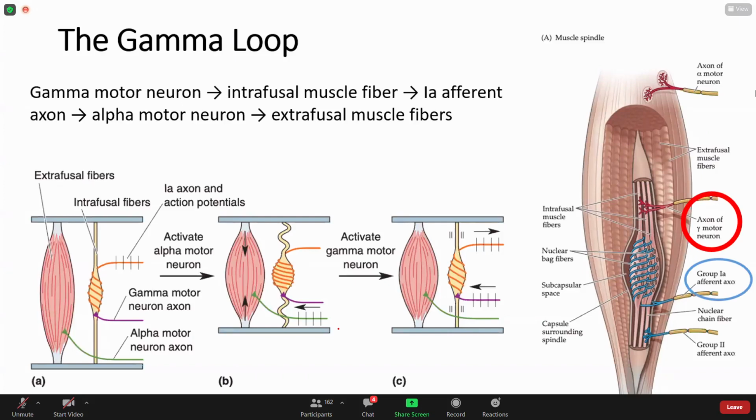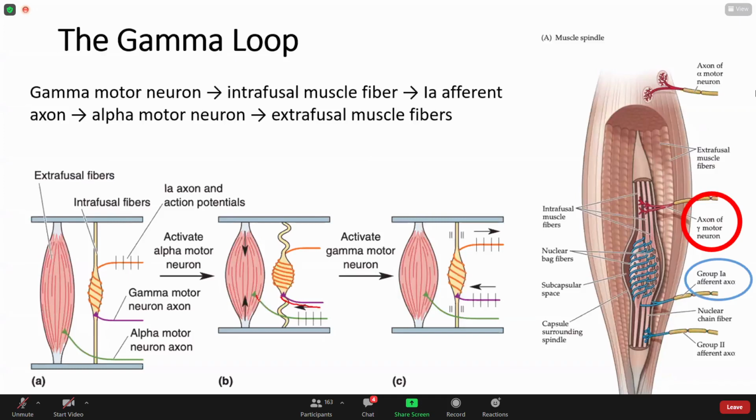So for example, what you can see here, we have the muscle, the extrafusal fibers, and inside of them, we have the intrafusal fibers, right? Now, when the extrafusal fibers are contracting, as you can see here, without the activation of the gamma motor neurons, which in this case is absent, okay?